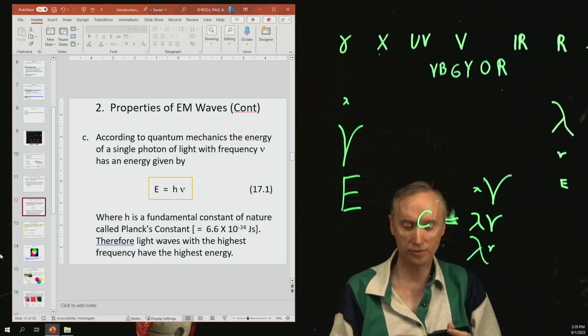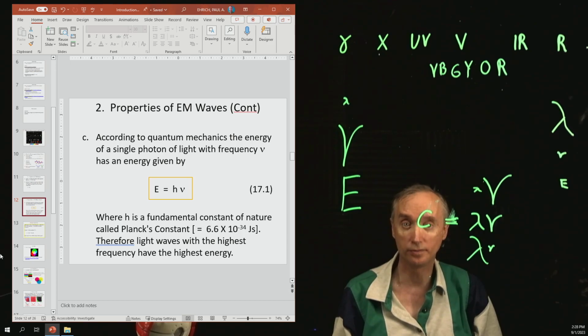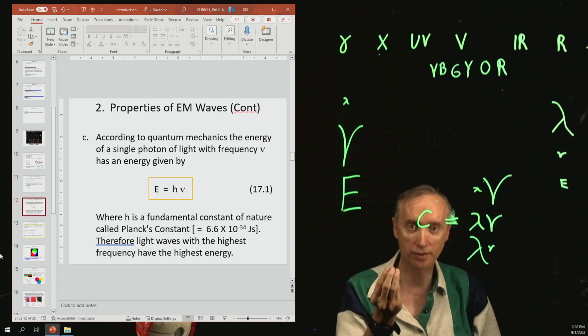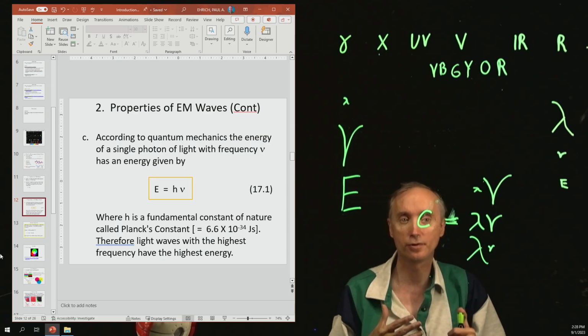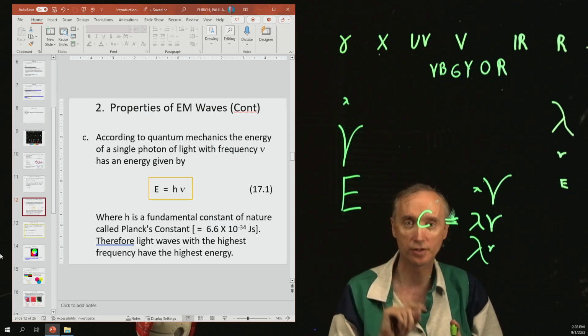Okay, another interesting thing that comes out of quantum mechanics is what is the energy of a single photon of light? So light comes in these teeny tiny particles, which we call photons. So what would be the energy of one photon?